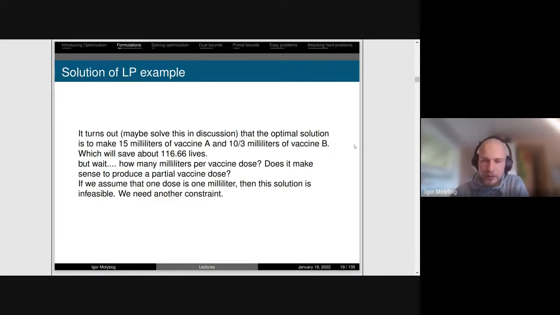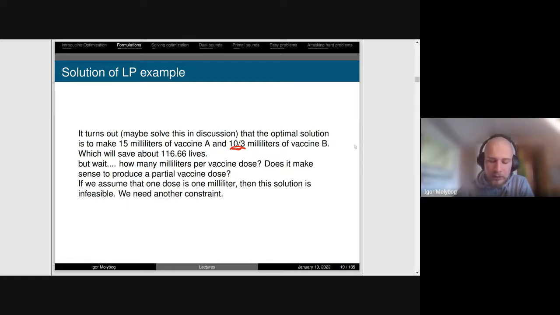If we assume that there's 1 milliliter per dose, then this 10/3 does not make any sense, because we're not going to put 1/3 of a vaccine into anyone's arm. It's not safe. It's a really bad idea.